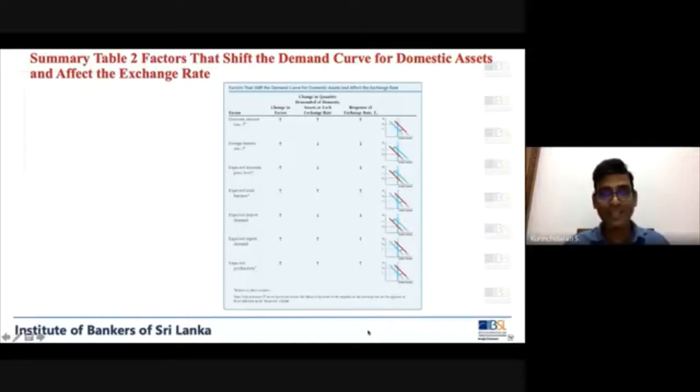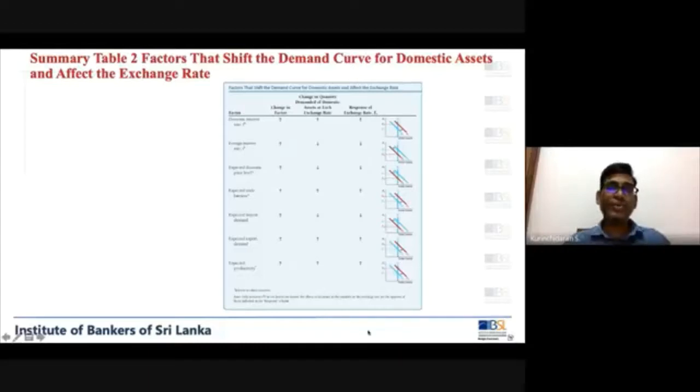So again, to reiterate, based on the textbooks I am explaining, expected productivity means US productivity increases. So US products might be cheaper now, then people will try to buy US products, so they need more US currency. So the demand for US currency will increase. That means the value of the currency will appreciate. So then the exchange rate will go up.